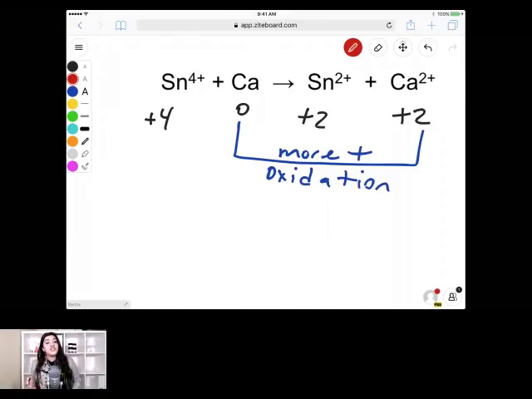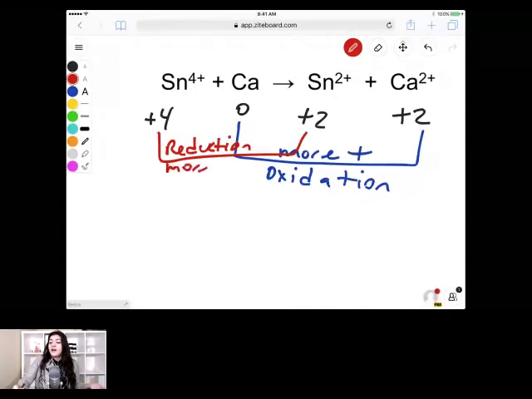And then our reduction must be the one that's being reduced, right? Going from 4 to 2, or becoming more negative. So we're going from a 4 to a 2, so we're being reduced by 2 electrons as a whole. We'll see that there, because this is becoming more negative, it's really being reduced.